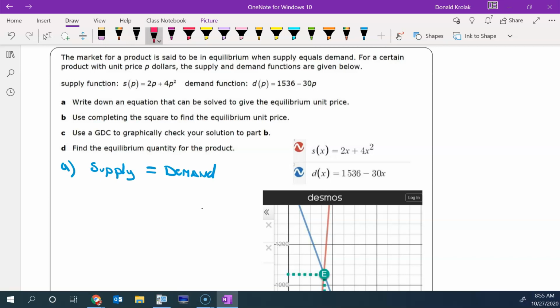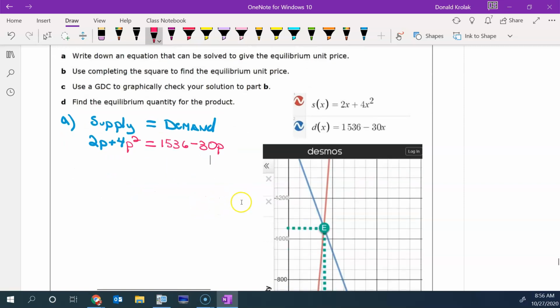All right, so this is going to be 2P plus 4p squared equals 1536 minus 30p. Okay, now you would solve that, in this case, by completing the square.